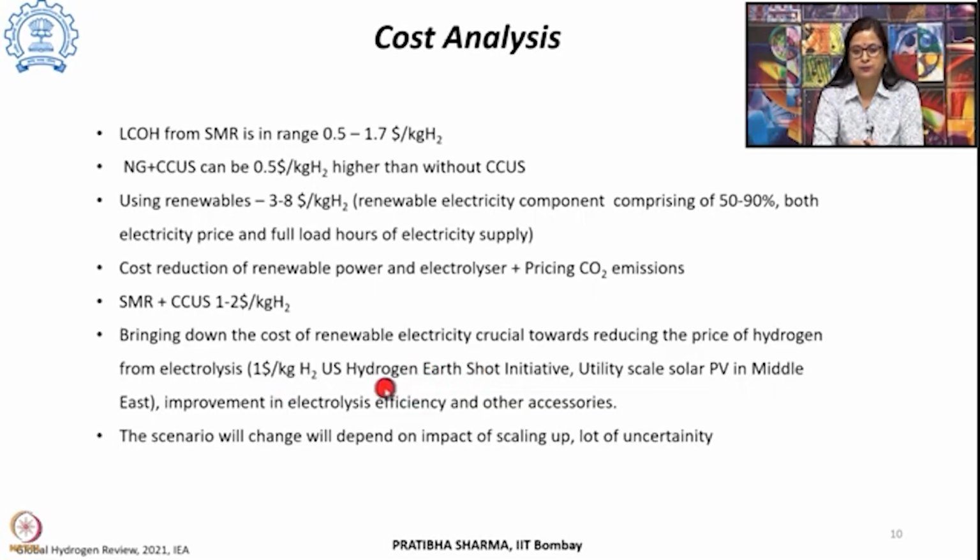And it is expected that when the cost of renewable electricity is considered as $20 per megawatt hour, then it can come down to $1 per kg of hydrogen being produced. That $20 per megawatt hour was without including capex and opex. Now it has to come down further if those also need to be included.